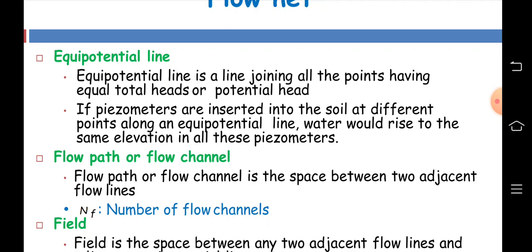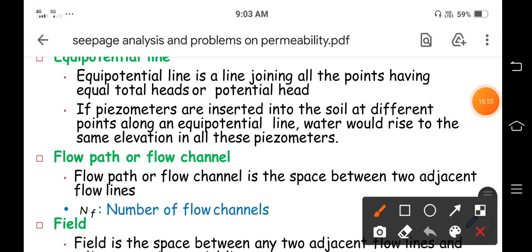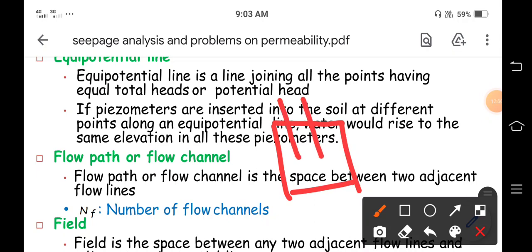If we insert piezometers into the soil at different points along the equipotential line, water will rise to the same elevation in all these piezometers. Suppose this is your soil strata and you insert a piezometer, a glass tube.